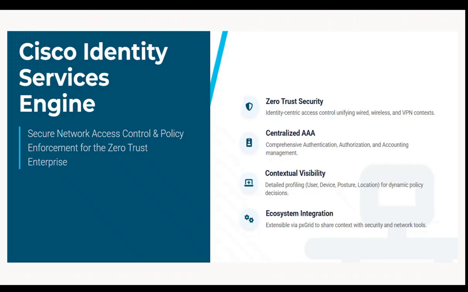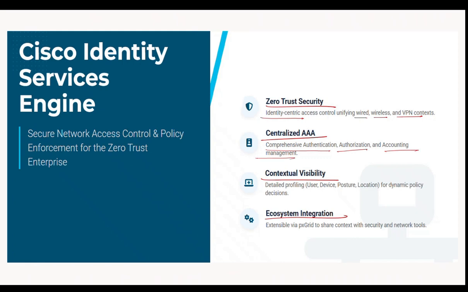Now, Cisco ISE has zero trust security, centralized AAA service, contextual visibility, and ecosystem integration. This is what we have just talked about. Zero trust is identity-centric access control, unifying wired, wireless, and VPN context. Centralized AAA is a comprehensive service through authentication, authorization, and accounting.